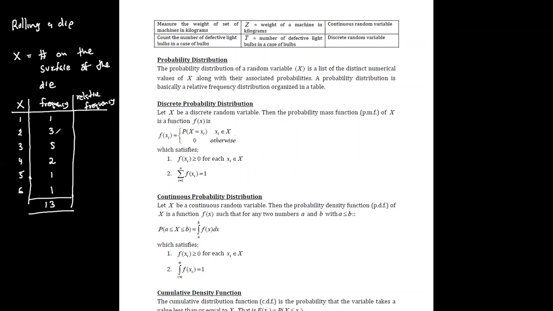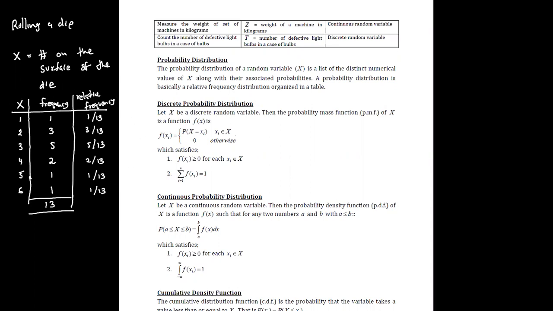Once you add these values, the total gives the value 13. Then for the relative frequency, you divide the frequency by the total value. Then it is 1 over 13. Here it is 3 over 13. This one will be 5 over 13, 2 over 13, 1 over 13 and 1 over 13.